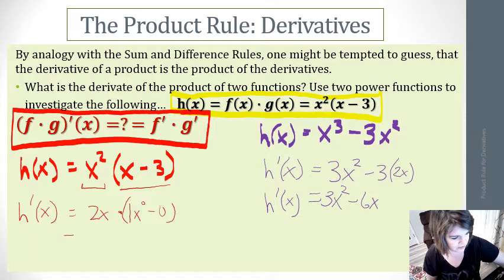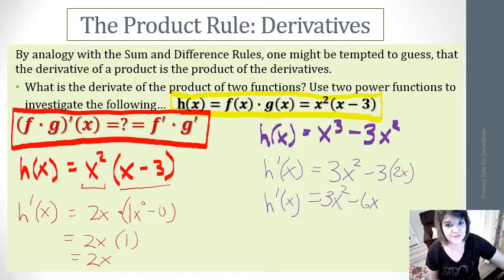So that ends up being 2x times 1, 2x. All right, guys, so it didn't work, did it? These are not the same, so that was a no-go. So now let's look at what we can really do to figure it out.